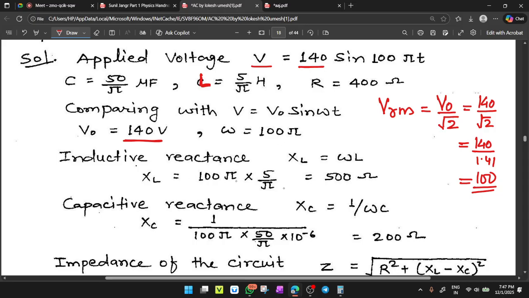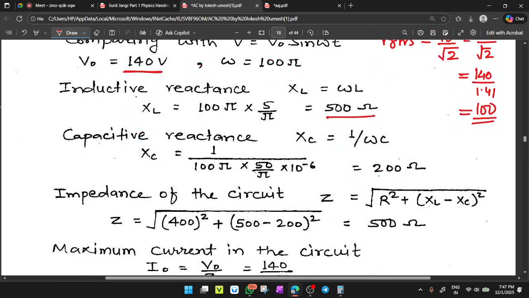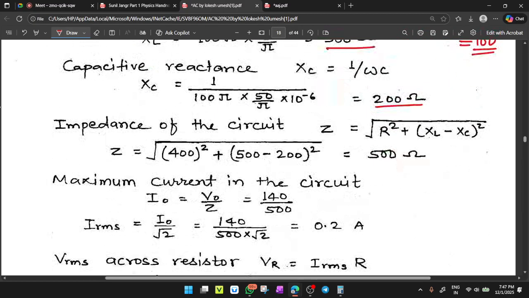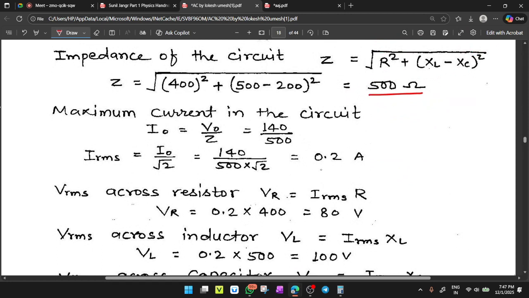Now find the inductive reactance. XL equals 500 ohm. Then the capacitive reactance, and the impedance of the circuit equals this much. Now find the value of total current. Irms equals I naught by root 2. This is the value of total current.